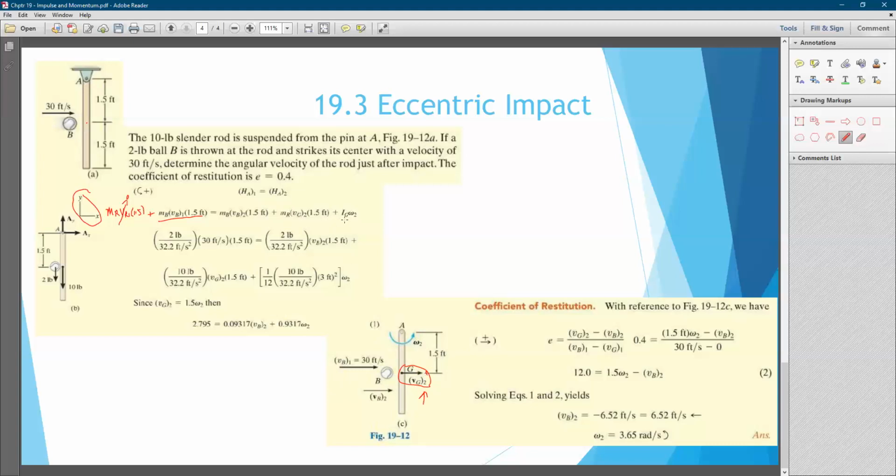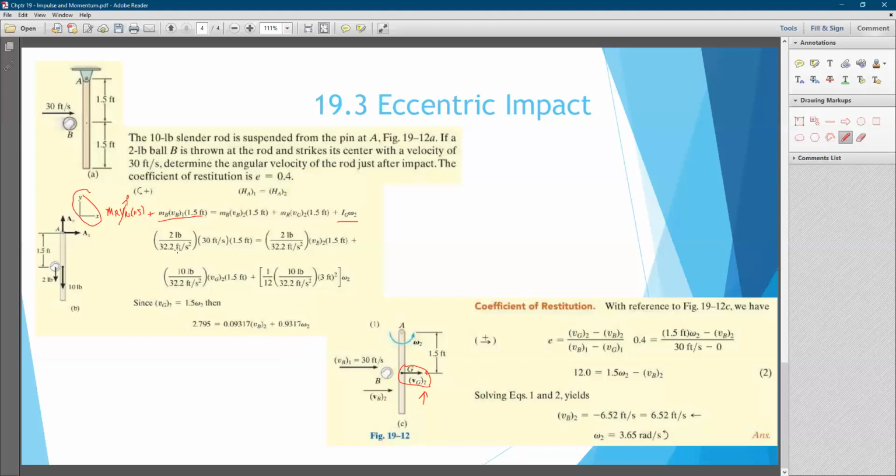The last part here is the rotation that will occur due to this impact, so Ig omega 2.